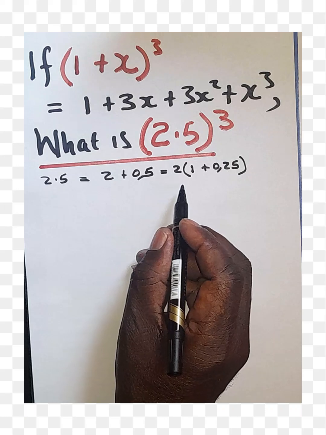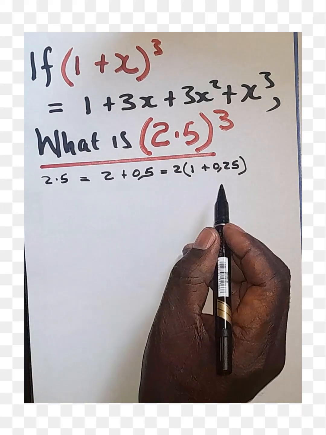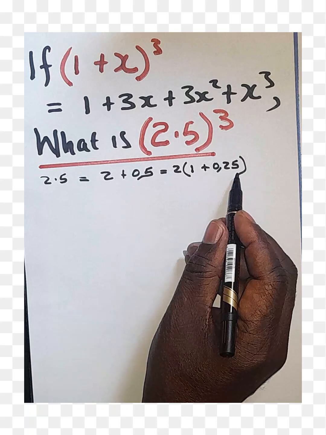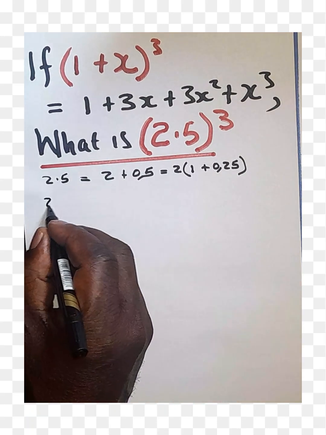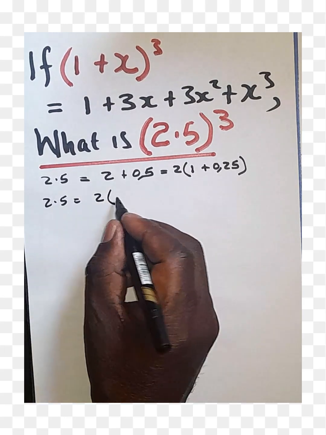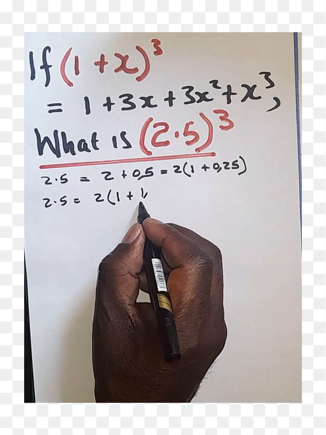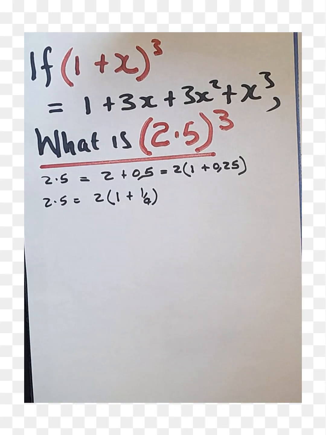So it's 2 brackets 1 plus 0.25. We can further simplify this by converting our 0.25 into a fraction and write 2.5 is equal to 2 brackets 1 plus 1 over 4, because 0.25 is 1 over 4.